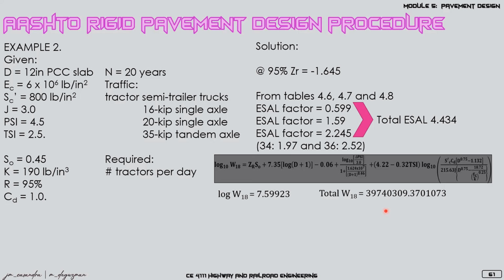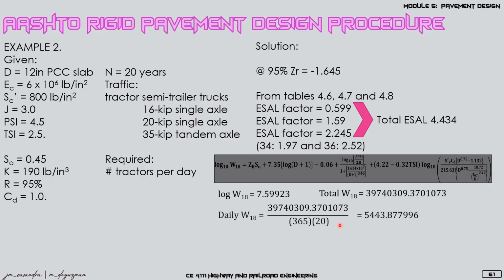vehicles or passes. And then from here, we can now take the daily W18 by simply dividing the accumulated traffic by 365 and the design years of 20, giving us a value of 5443.878.